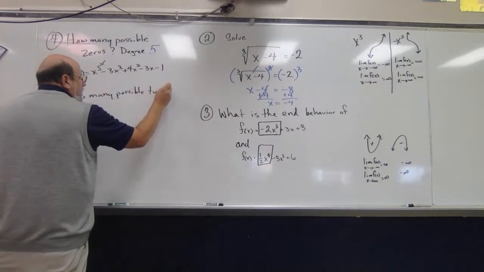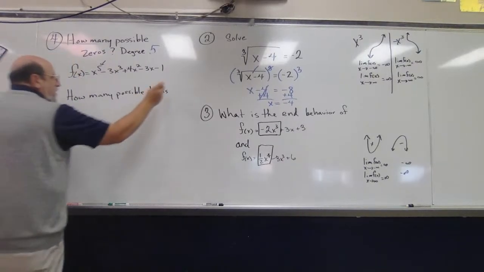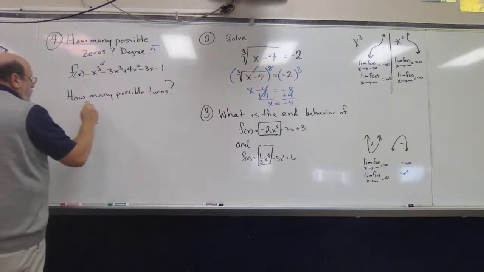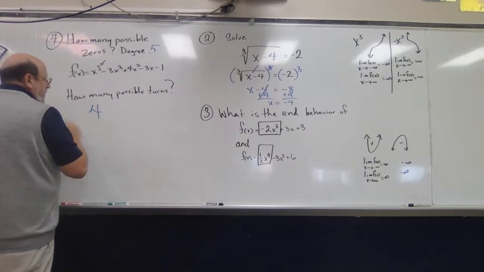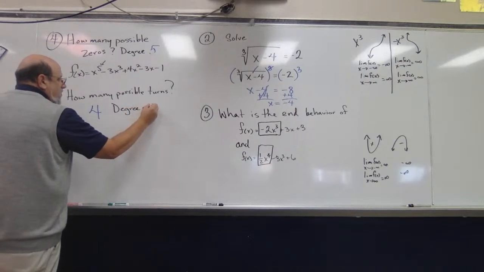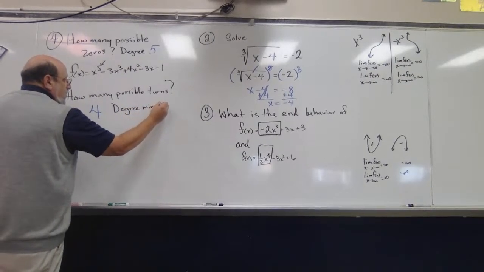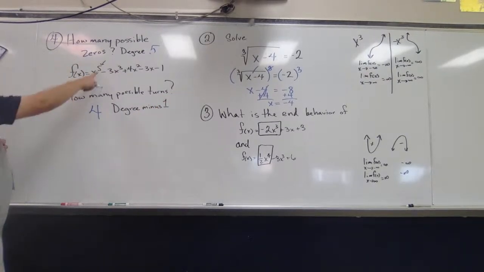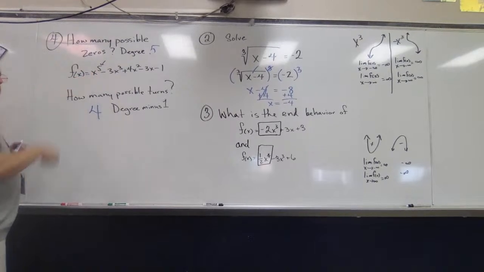And that would be 4, which is the degree minus 1. Why would it be 4? The degree is 5. Okay. It could only possibly turn 4 times.